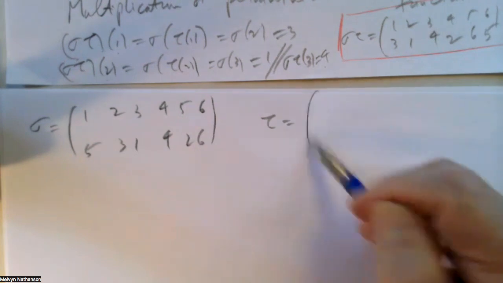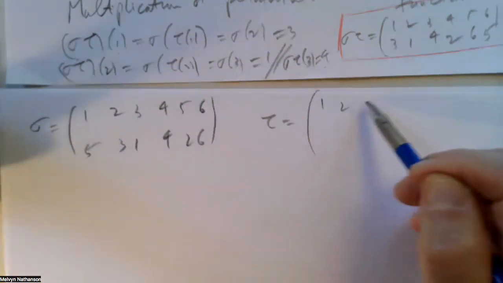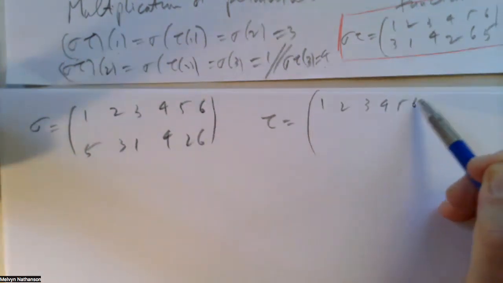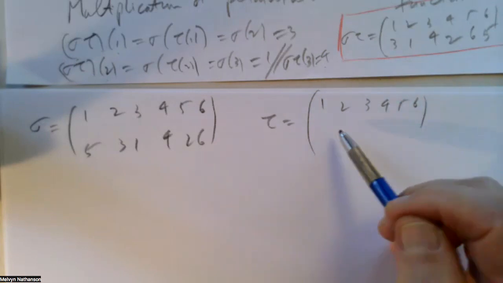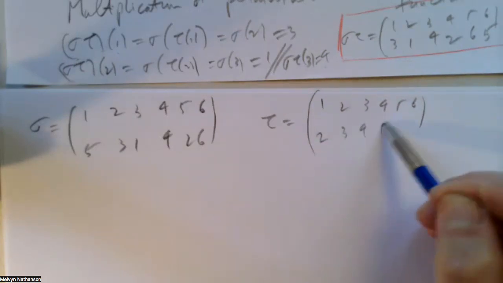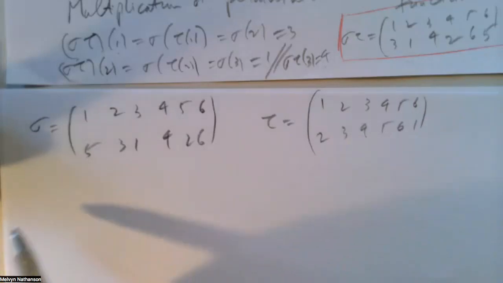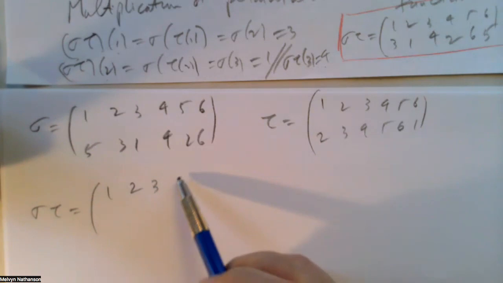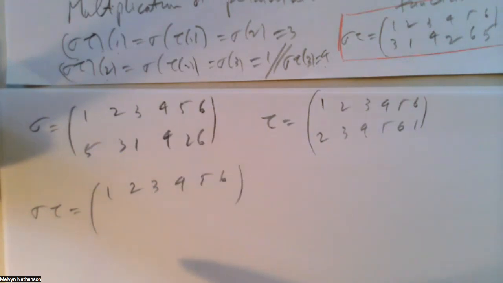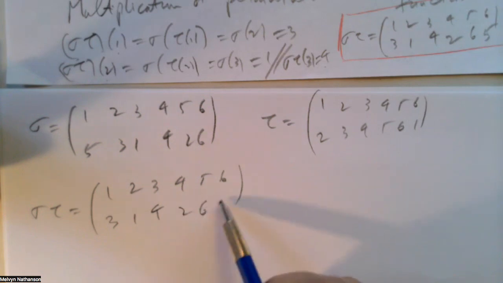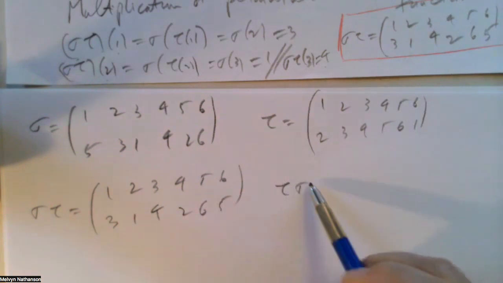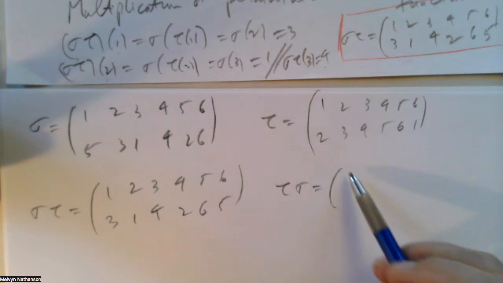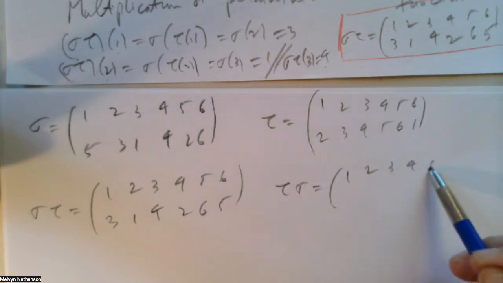And tau is the permutation 1, 2, 3, 4, 5, 6, and 2, 3, 4, 5, 6, 1. So we just calculated sigma tau, and we got 3, 1, 4, 2, 6, 5. What about tau sigma?